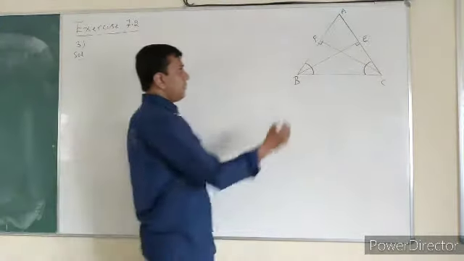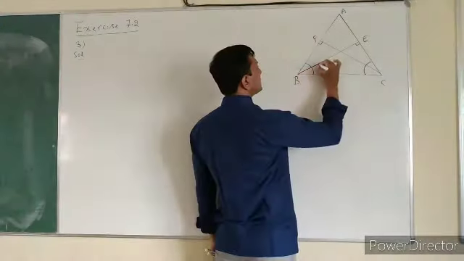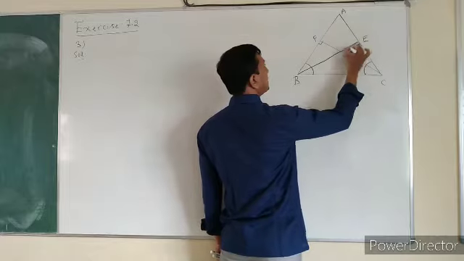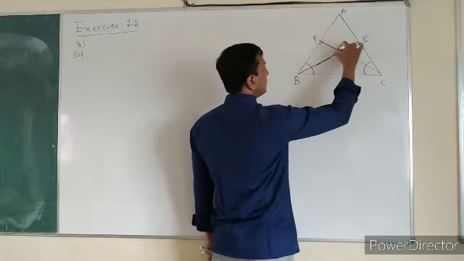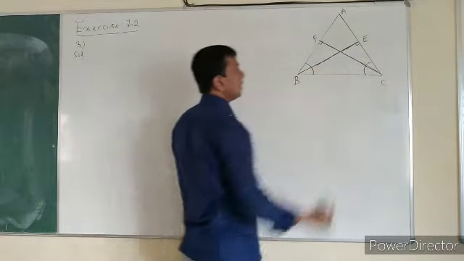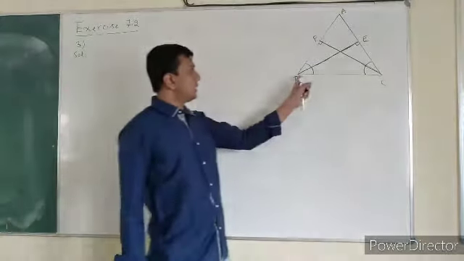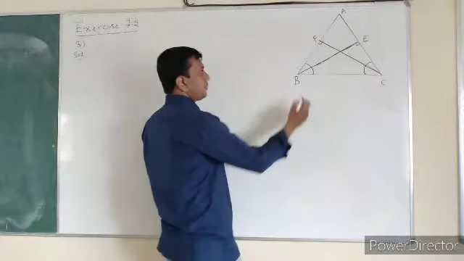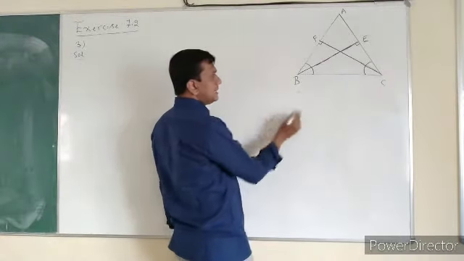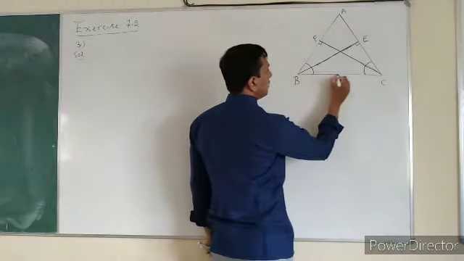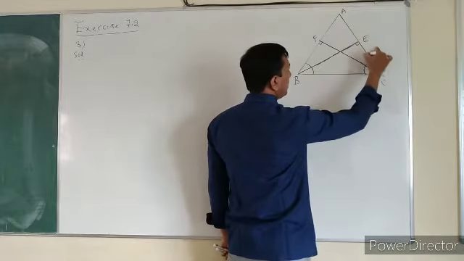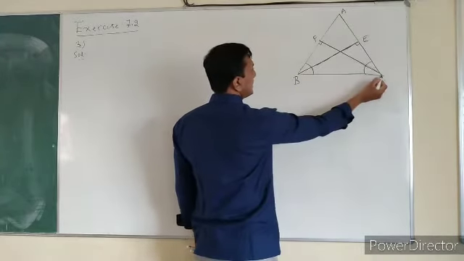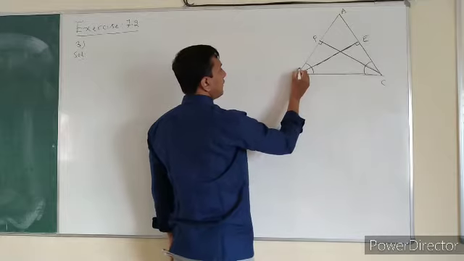Okay. Now, what happened? He has drawn some altitudes, perpendiculars, in the diagram. We have to prove that this BE and CF are also equal. So, we will take two triangles here for comparison. One is BCE and one more is CBF.